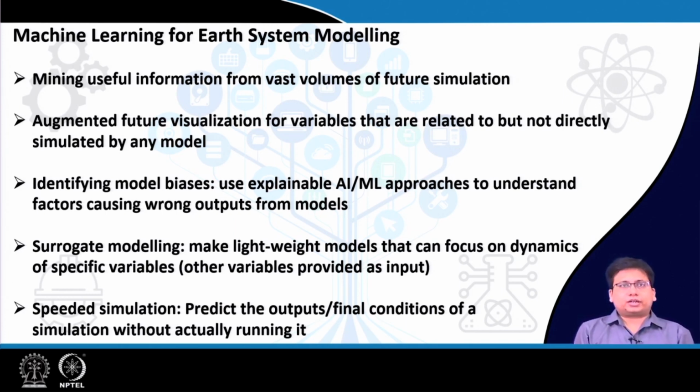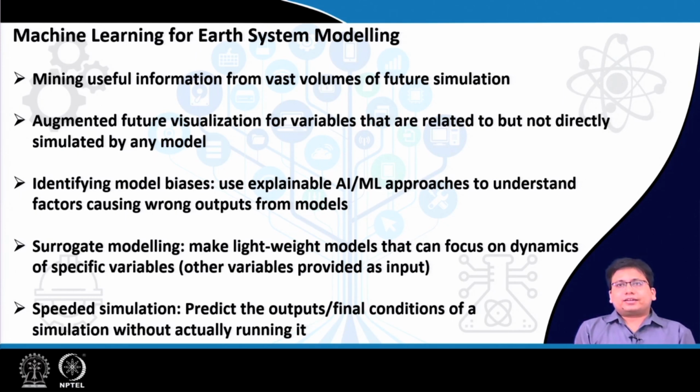volumes of simulation data. Then I may also be interested in certain variables which are not directly simulated by the model, but which may be related to the variables which are actually simulated.